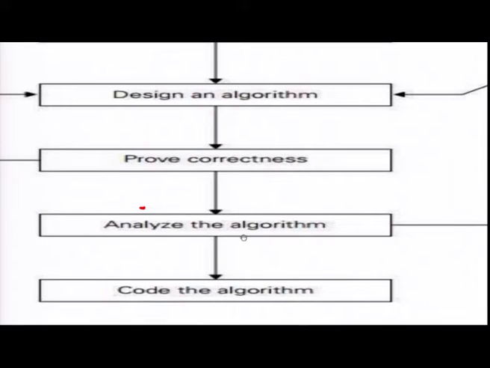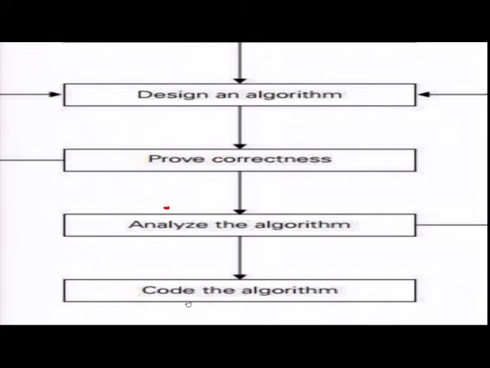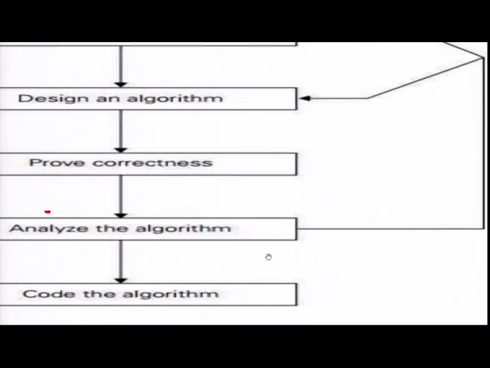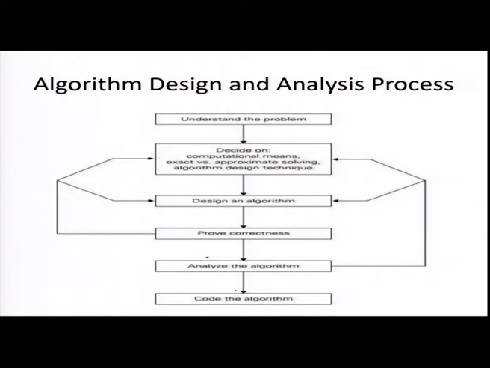Then we analyze the algorithm. Here we analyze how efficient the algorithm is, whether the algorithm is efficient. See, anyone for that matter can write the algorithm, but whatever algorithm that you write, it should be efficient, it should be effective. So, we are supposed to analyze the algorithm, and then we are supposed to write the program code for the algorithm.